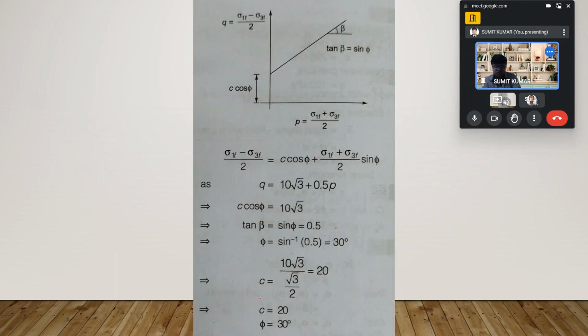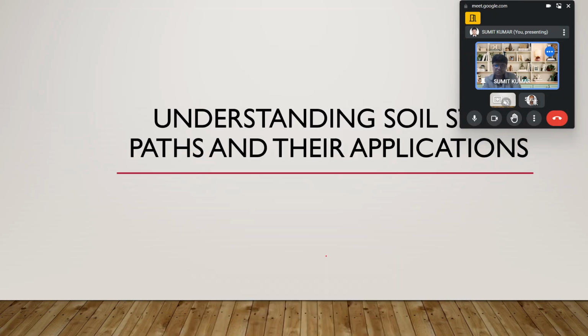At the end, you will get the value of c as 20 and the value of phi as 30, respectively.